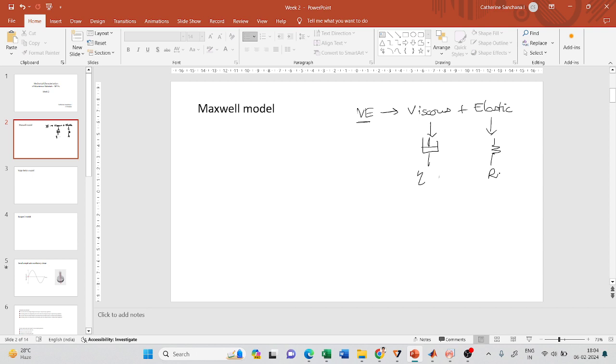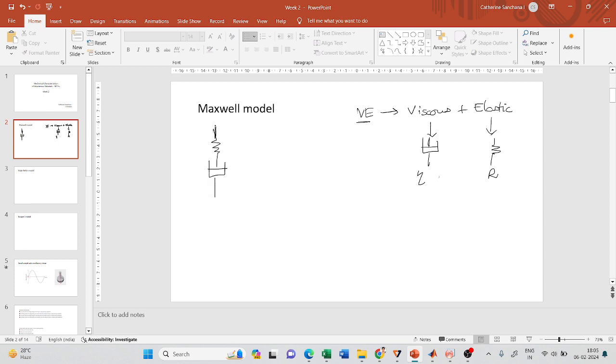Now, by arranging these two elements in series or parallel, in any combination, a few viscoelastic models have been explained, three of which will be seen in this class. So, in a Maxwell model, these two elements are arranged in series.